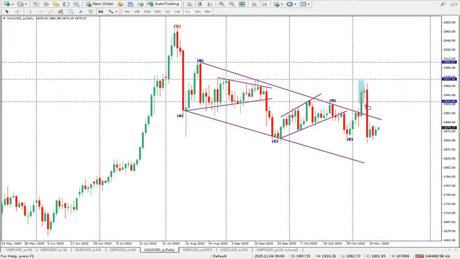The entire move which we saw to the upper side, the break above and then the pullback, this is actually just a false breakout. So as it is now, we want a clear retracement back to this trend line so that we can pick a sell position, expecting that sell to push us up to this support.